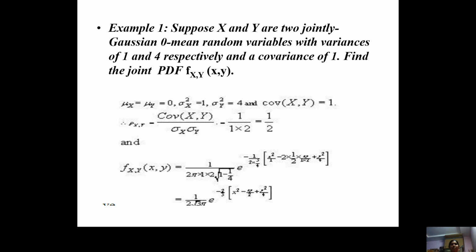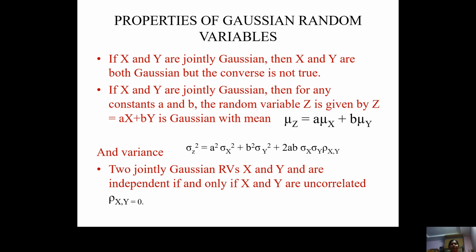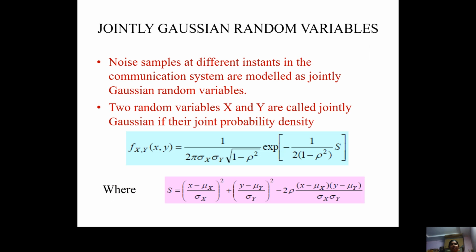And the joint probability density function f_XY of x, y is defined by this expression. Here you can see it properly. f_XY of x, y equals 1 by 2 pi sigma x into sigma y square root of 1 minus rho square, into e power minus 1 by 2 into 1 minus rho square into a.